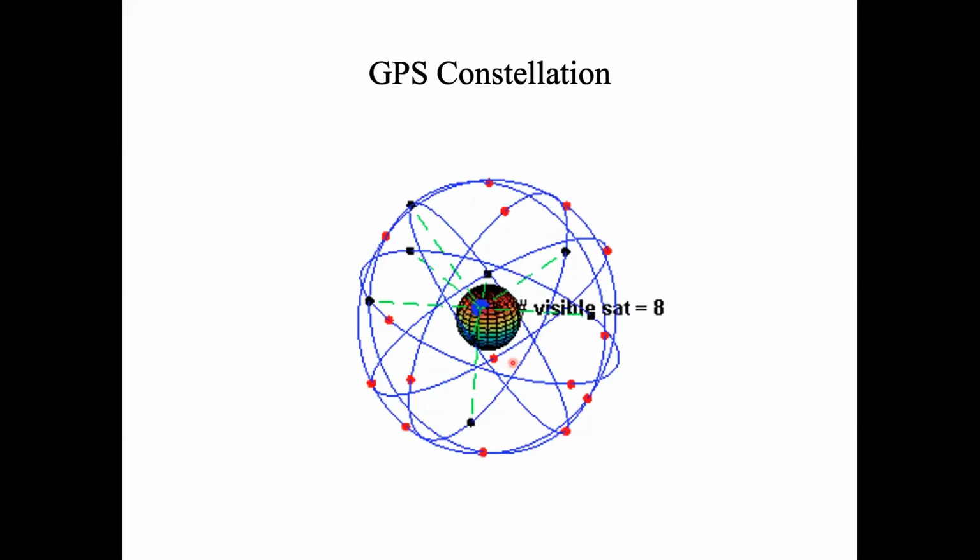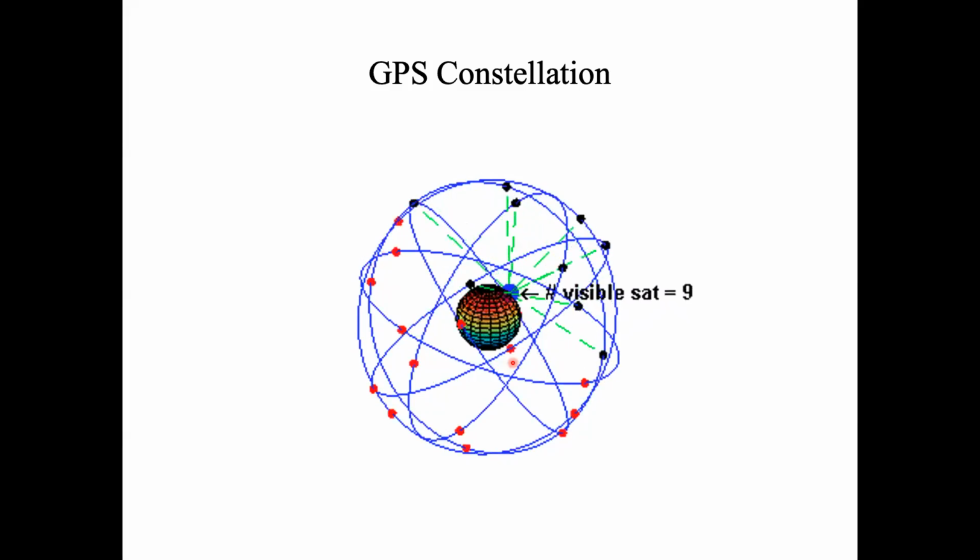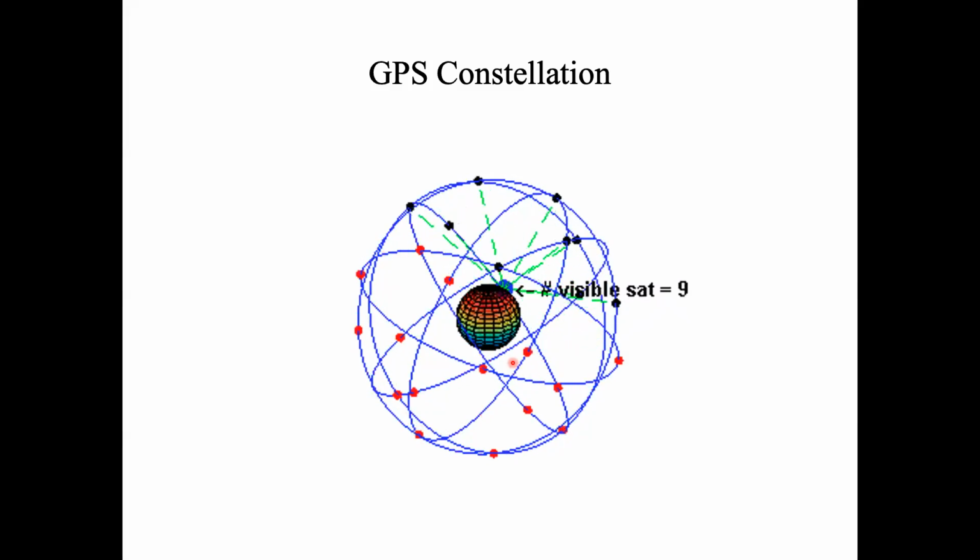Okay, here you see the distribution of the orbit of the constellation. They are on 6 orbital planes, separated in each orbit from each other by 60 degrees.